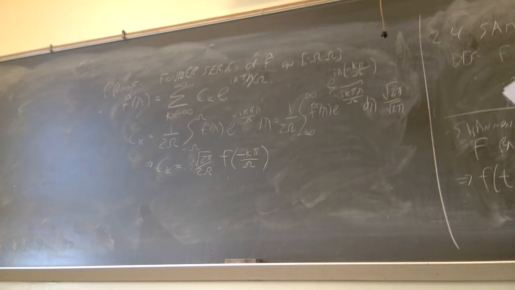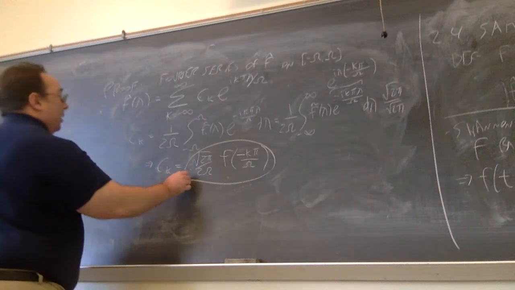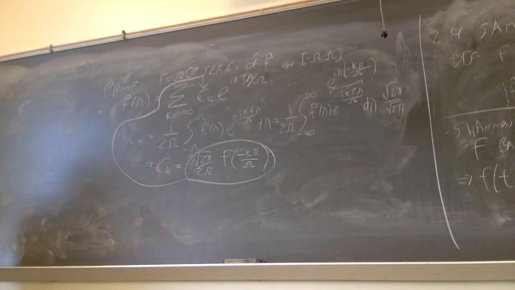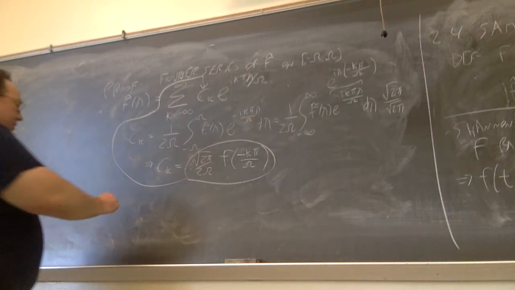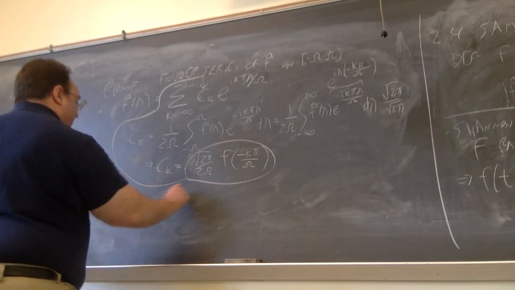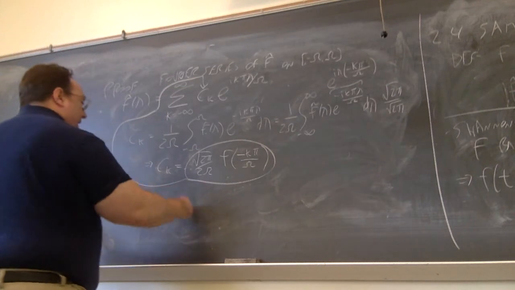Okay, so now what I'm going to do is take this expression, follow my arrow, and stick it in there. So now I have another expression for the Fourier transform of f. So it's a sum. Well, I'll pull constants out.